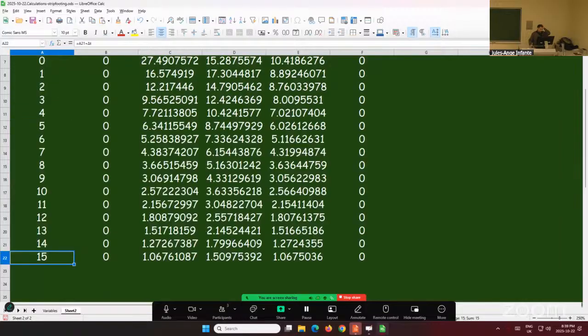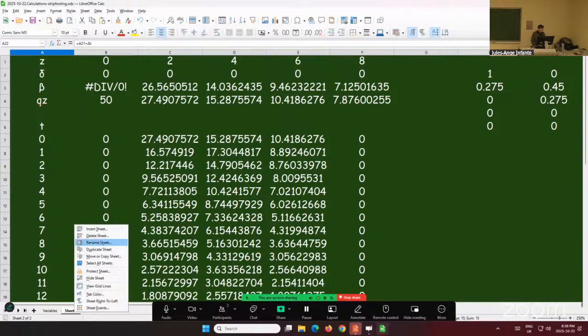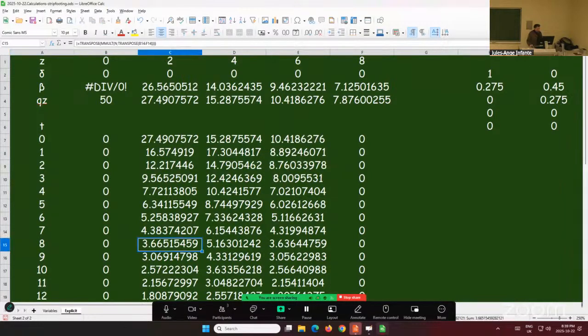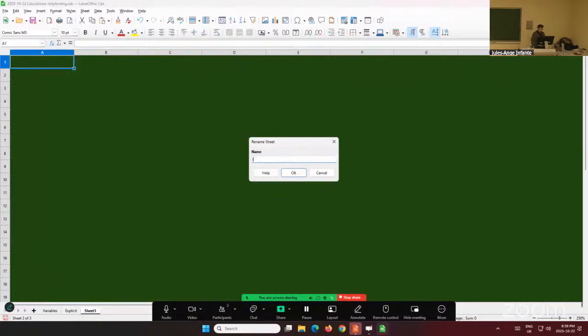Okay, so this is what we get in terms of displacement, maybe. Or would it be the same thing with the implicit?